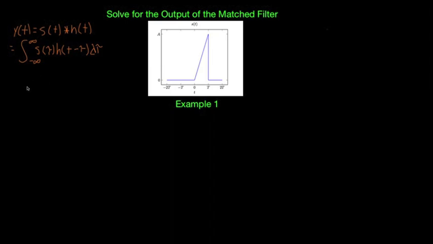So we saw that s of t, by inspecting the graph, was equal to A over capital T times little t times the quantity of u of t minus u of t minus capital T.